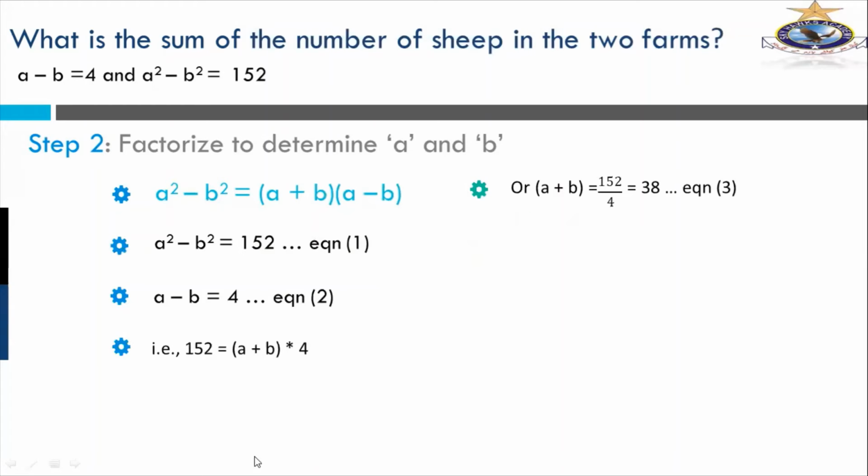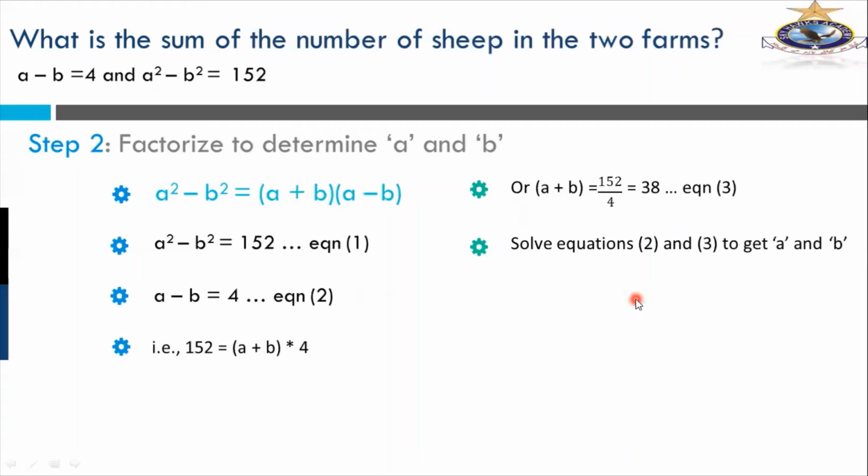But we are still away from the final answer. Solve equations 2 and 3 to get A and B. Now we have the sum, we have the difference, and we have the difference of their squares. This is the third one, and this was the second one.